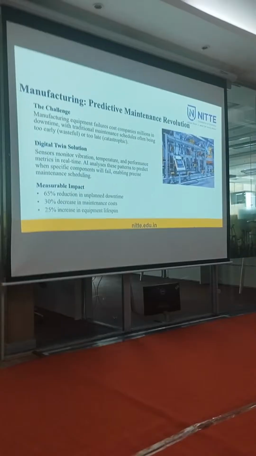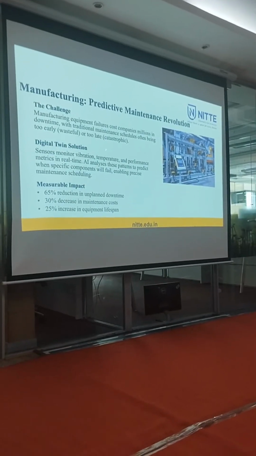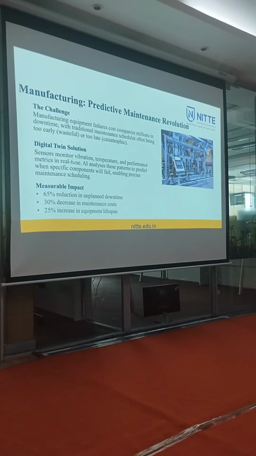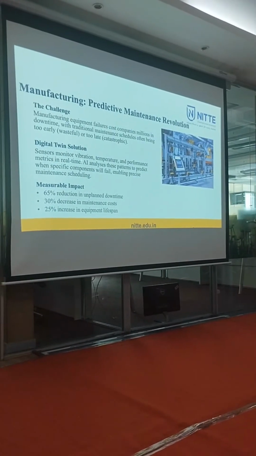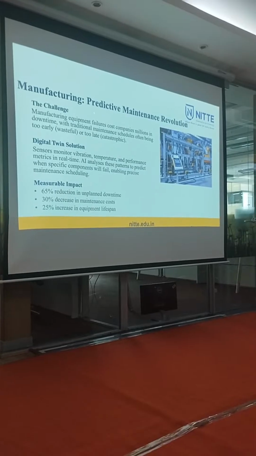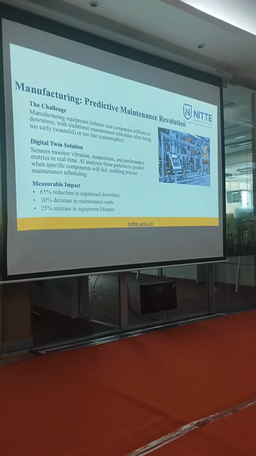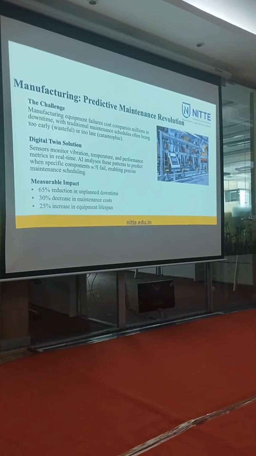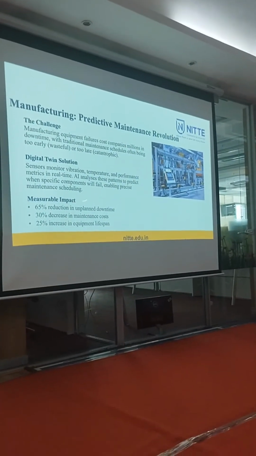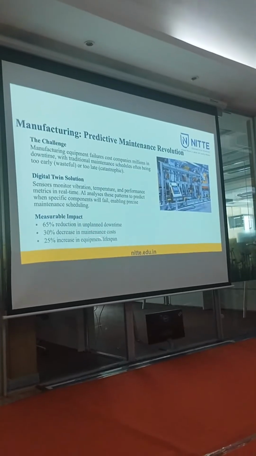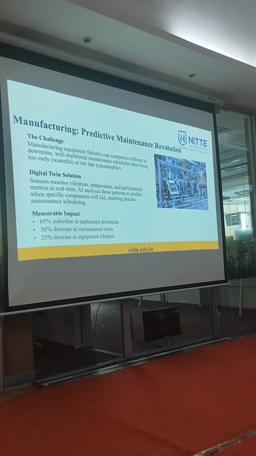Means it won't be delayed, it won't be early, it won't be too late. On time or well before time, I know what is to be done when something goes wrong. At that point, I know how to deal with it, or I can totally avoid it. These are some of the measurable impacts. So then I go for a digital twin solution.